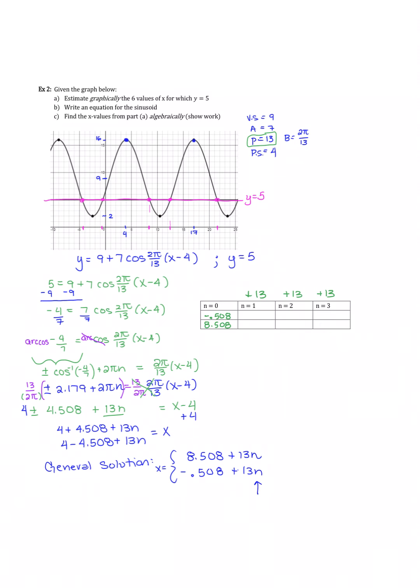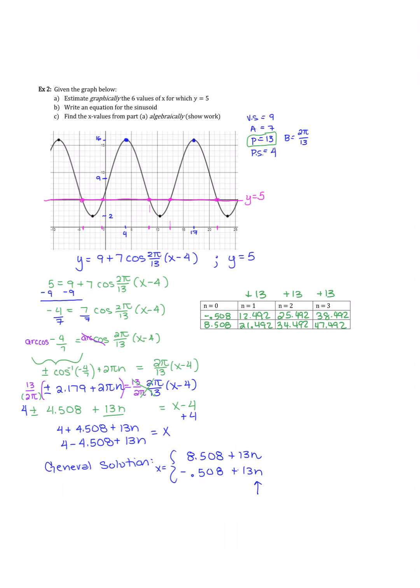So 13 minus 0.508, that's going to give me 12.492, add another 13, 25.492, add another 13, 38.492, and then going down to the next row, adding 13, I get 21.492, add 13, 34.492, and if I added another 13, I'd have 47.492.